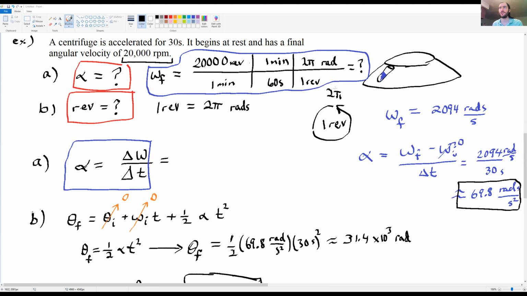So the conversion factor is pi over 30, or 2 pi over 60. You take revolutions per minute, multiply by 2 pi over 60, and that will convert for you. It's a nice little thing to remember. So 1 RPM is 2 pi over 60 radians per second.